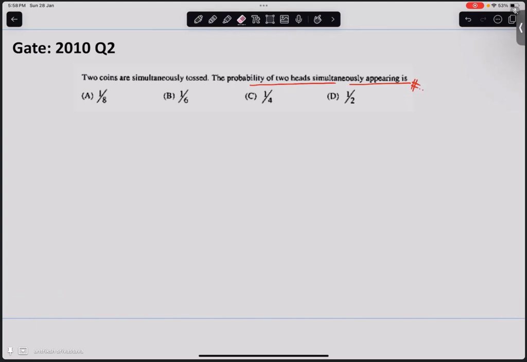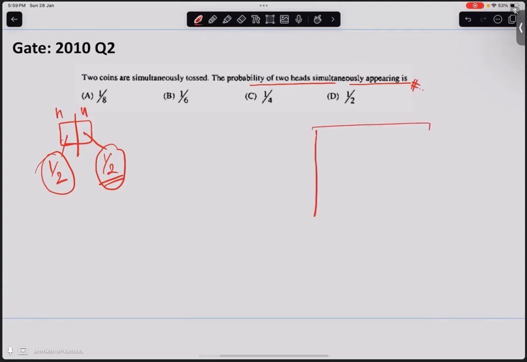What do we mean by this? See, you have tossed the two coins. What is the probability of getting heads in one coin? 1 by 2. What is the probability of getting heads in the second coin, independent of the first coin? Again 1 by 2. So then what is the probability of this event occurring together? Both the heads. Let's take a look at the sample space. What can be the possibilities?